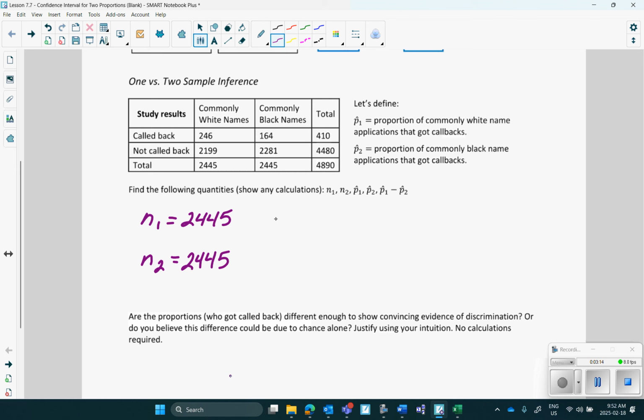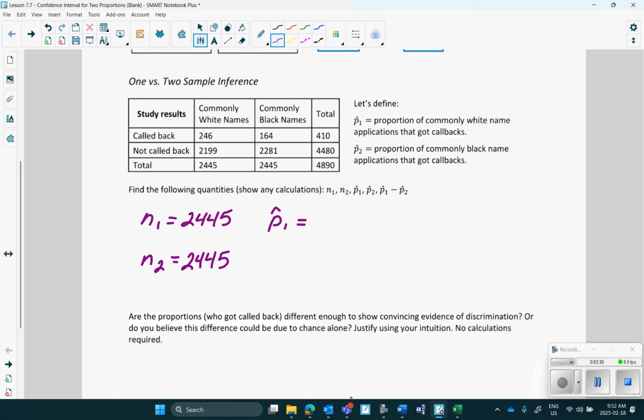The sample proportion, remember, is the number who received callbacks over the total sample size.